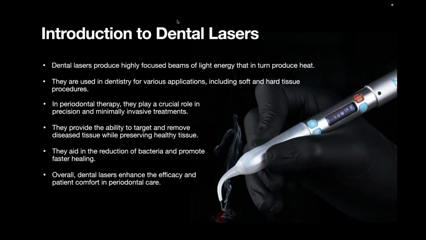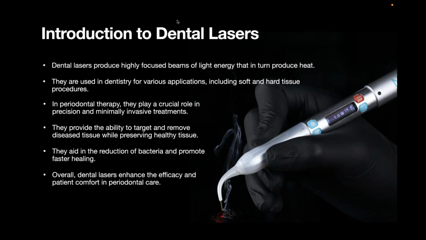Usually the patients come back after they get their frenectomies with the laser and everything's healed. Why? Because it promotes faster healing. And overall, dental lasers are just going to enhance the efficacy and patient comfort in periodontal care, which is why we use them.